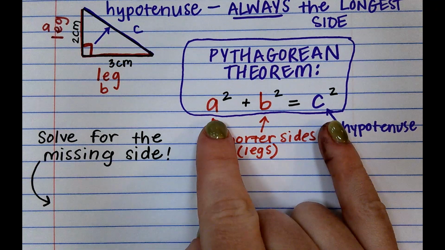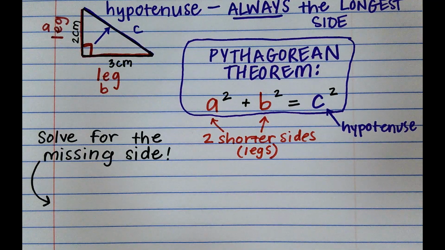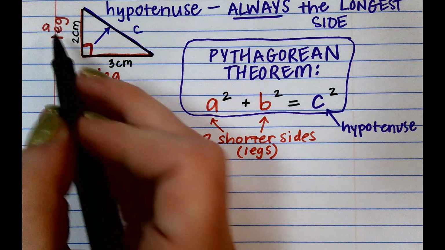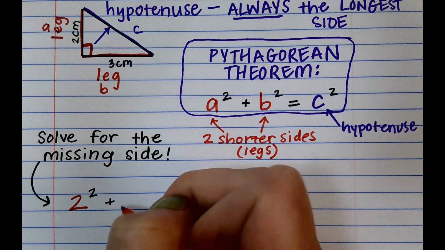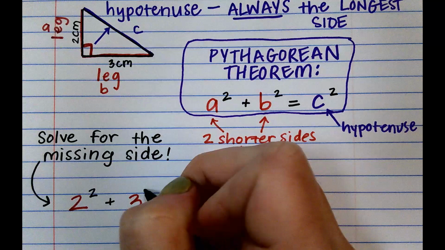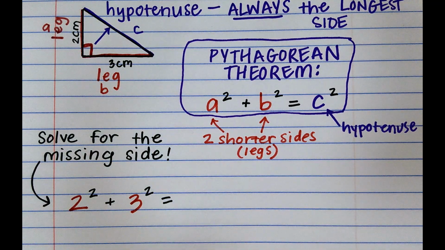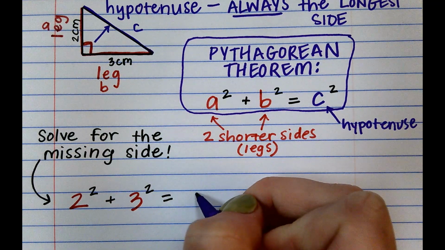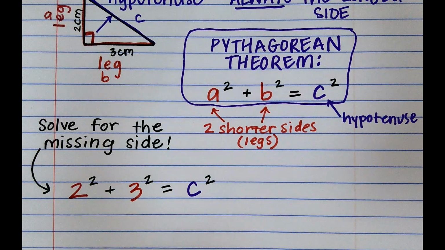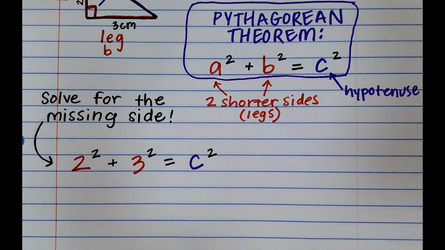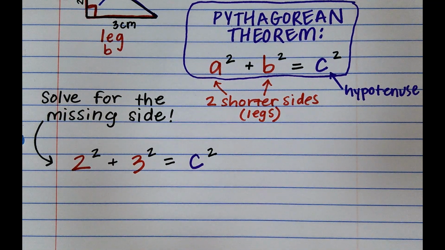We would take that A squared plus B squared equals C squared, and we'll plug in what we already know. We know that A, we'll call that 2 centimeters. So we'll put 2 squared plus, our other leg is 3, so 3 squared equals, we don't know the hypotenuse, we don't know C, so we leave it as C squared. So we plugged in our A and B, and now we're just going to solve it out.